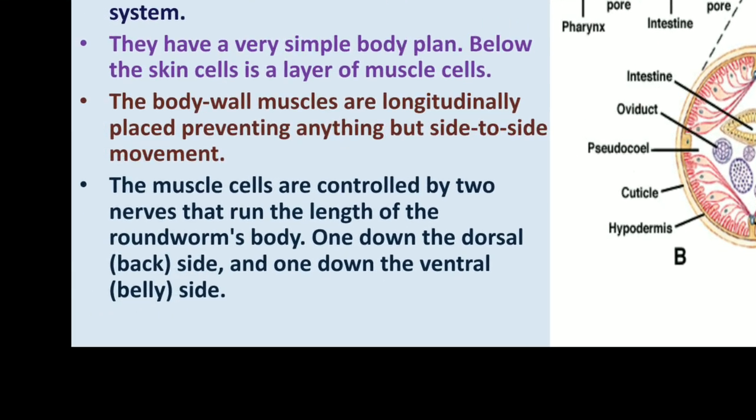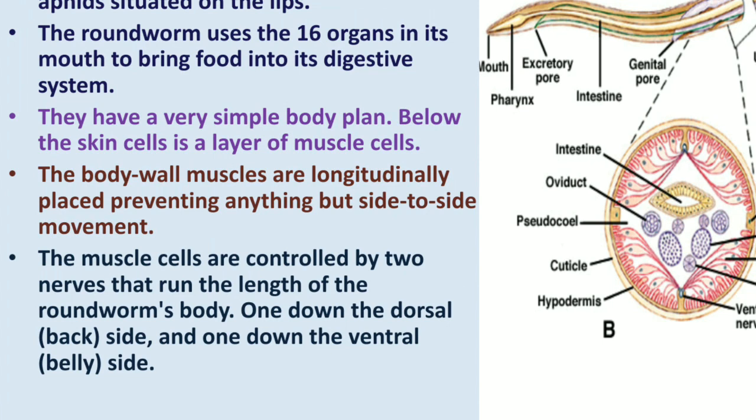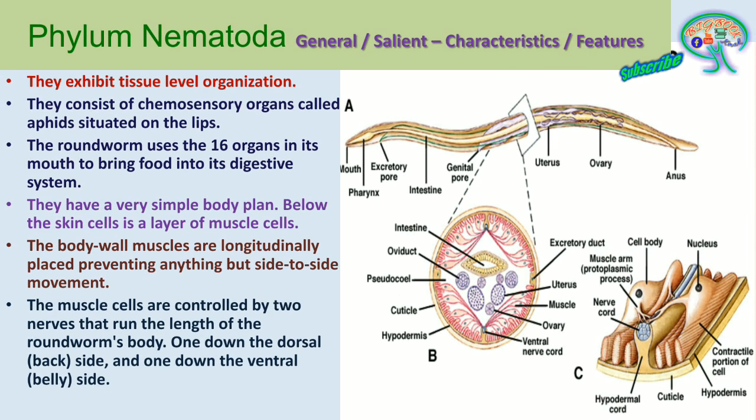These help to control the length of the roundworm's body, in the sense that the muscle cells present just beneath the epidermis will be managed by the nerves, one down the dorsal side and one down the ventral side.